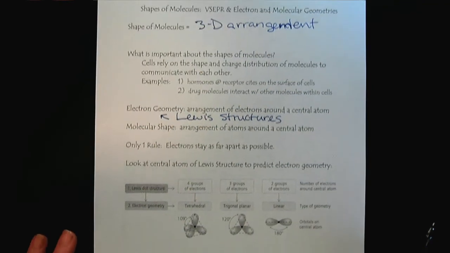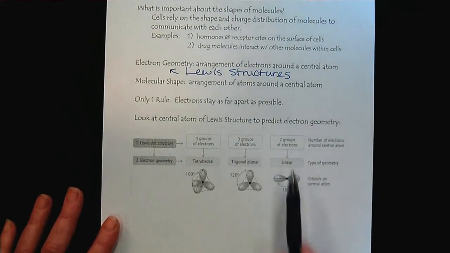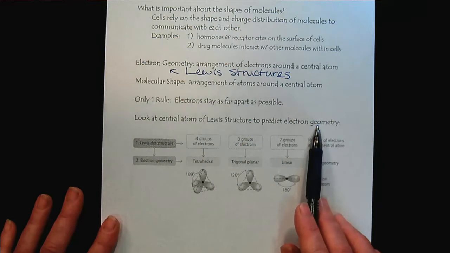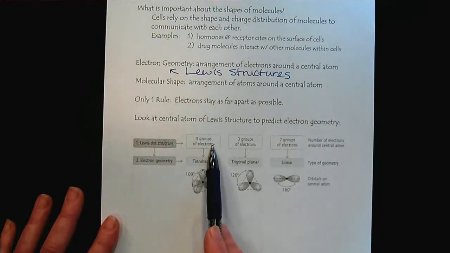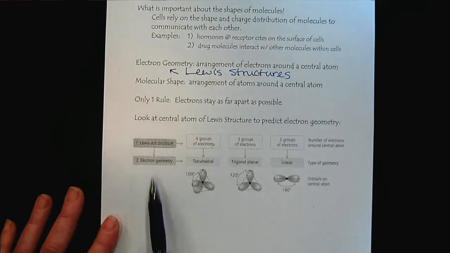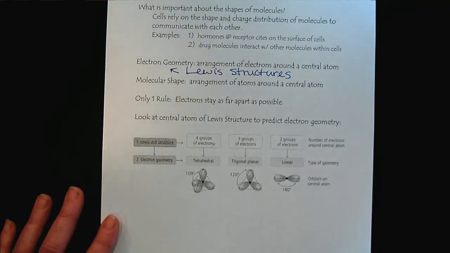So when we're looking at the central atom of a Lewis structure, we can predict the electron geometry. If there are four groups of electrons around the central atom, we describe that as a tetrahedral electron geometry. Now this is the only one that's truly three-dimensional.